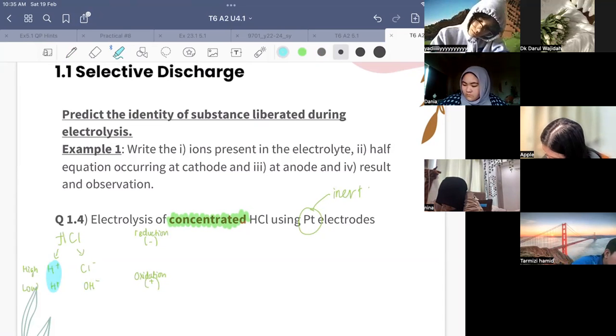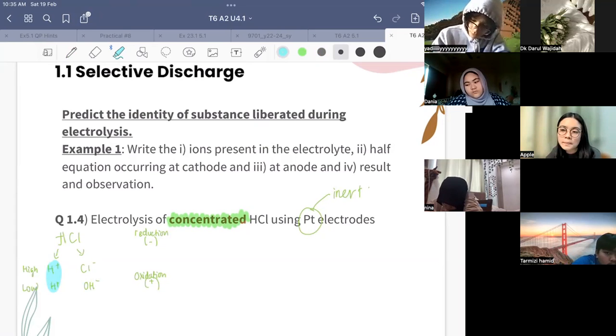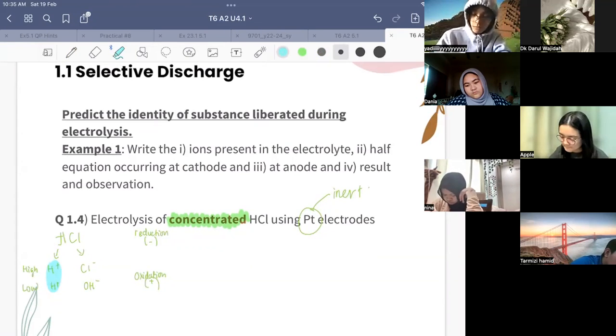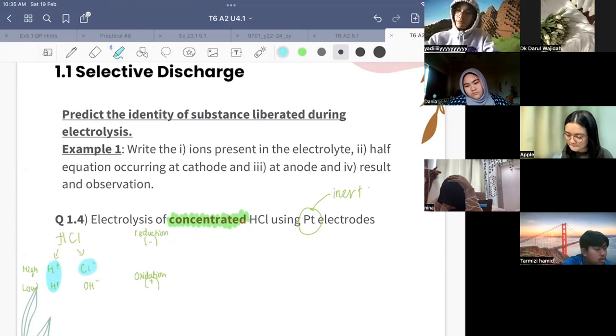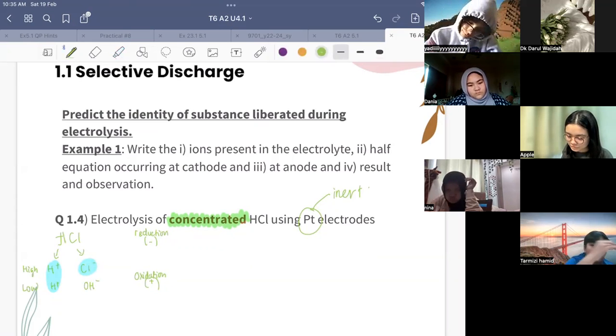Between chloride and hydroxide, if we follow the reactivity series or the ease of discharge, hydroxide should win. Hydroxide should be discharged easily compared to chloride. But here, because chloride is contained in a higher amount, chloride will be selected.